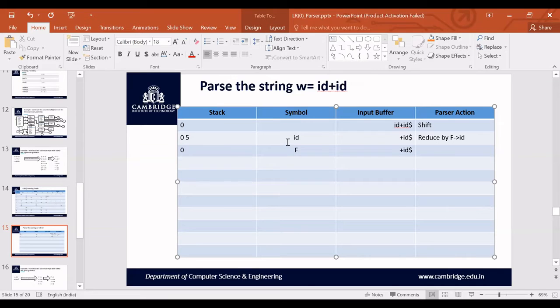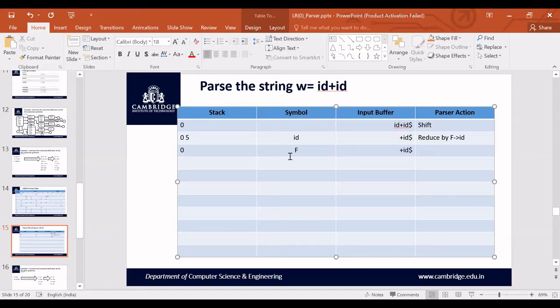However many symbols I have reduced, that many states I'll be popping out of the stack. Okay. So what is there on the stack top? 5. So I have popped out the value 5 from the stack top. Now there is a slight change in transition. That is, now take 0 on F. Earlier you were taking the state on the stack with the symbol in the input buffer.